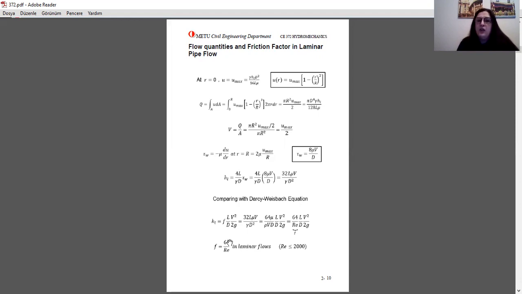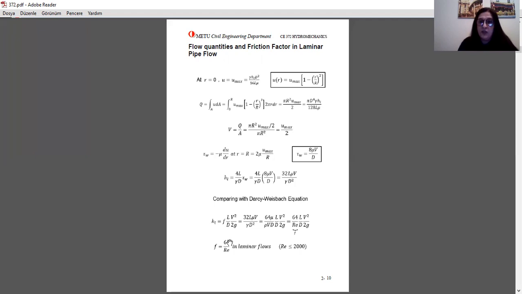If you are solving for friction loss in a pipeline, the first thing that we need to do is to define the state of flow. How do we make that clear, whether you have laminar or turbulent flow? What we do is we calculate the Reynolds number.